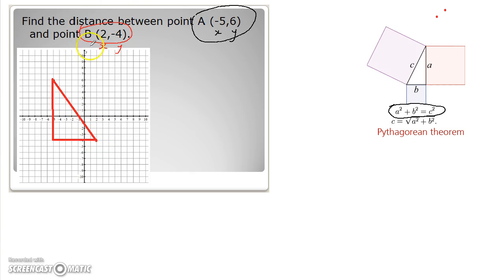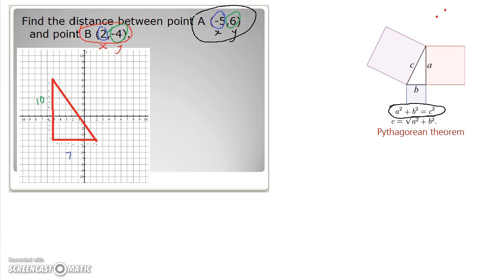Now I just need to figure out the sides. So 1, 2, 3, 4, 5, 6, 7. So that side's 7. That's the distance between negative 5 and 2. And then let's find the other side. 1, 2, 3, 4, 5, 6, 7, 8, 9, 10. That one's 10. That's the distance between 6 and negative 4.